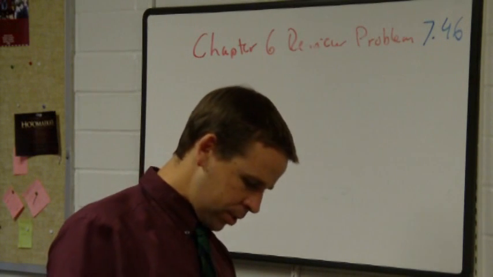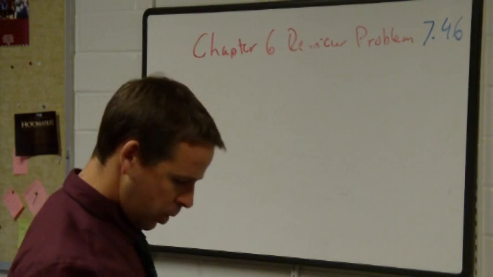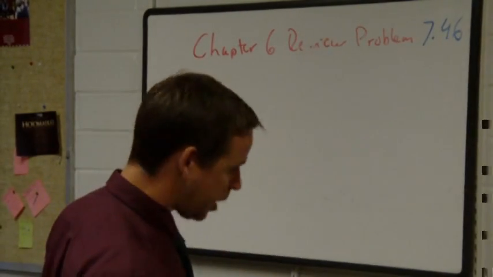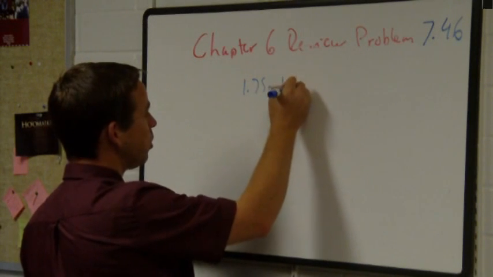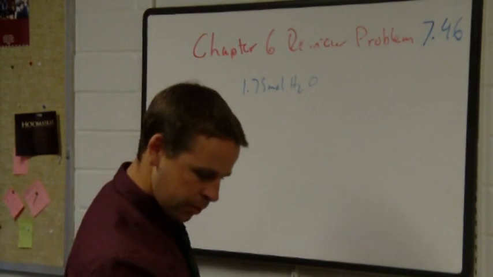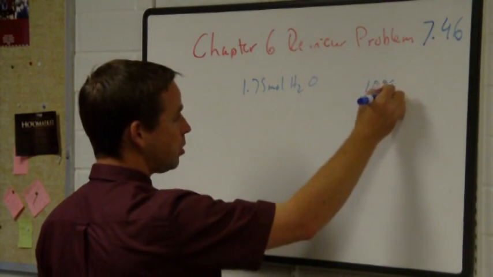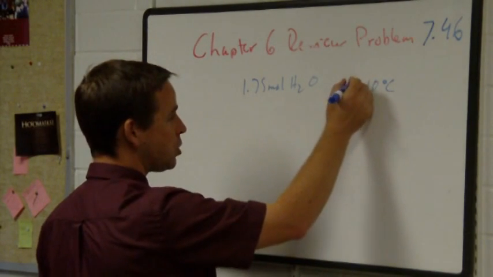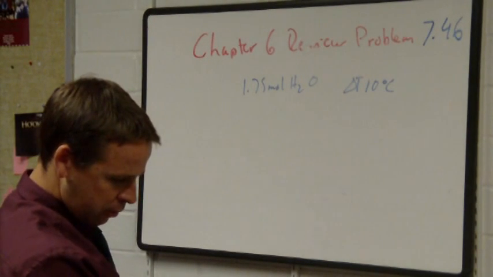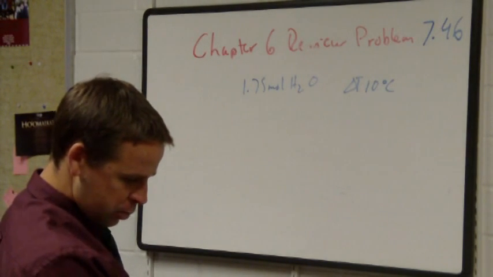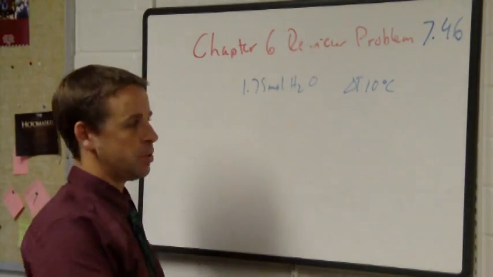How much heat in joules and in calories must be removed from 1.75 moles of water to lower the temperature from 25 to 15? The temperature is going from 25 to 15, so that's a change of 10 degrees Celsius. We can always take the final temperature, subtract the initial temperature, and that gives us our change in temperature.